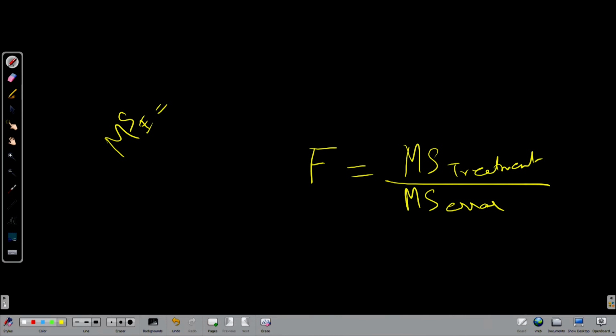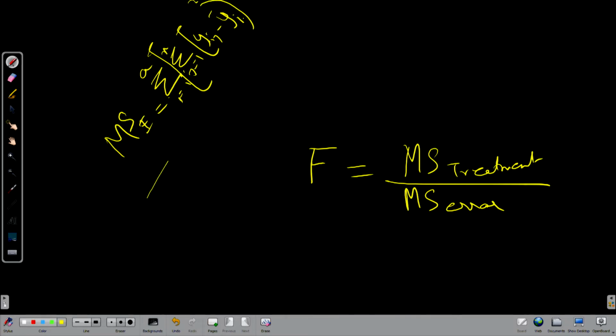MSE is equal to the summation of i equals 1 to a, indicating that there are a total of a levels, then the summation over the data in each level, j equals 1 to n, of (y_ij minus y_i dot bar) whole squared, divided by the sum over i equals 1 to a of (n minus 1).